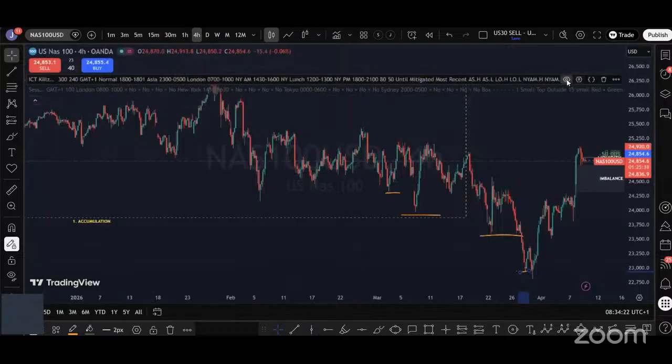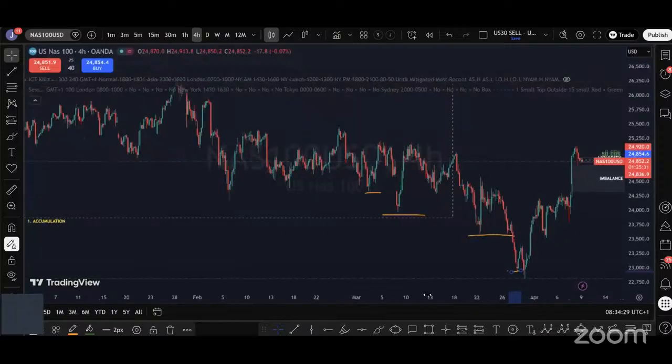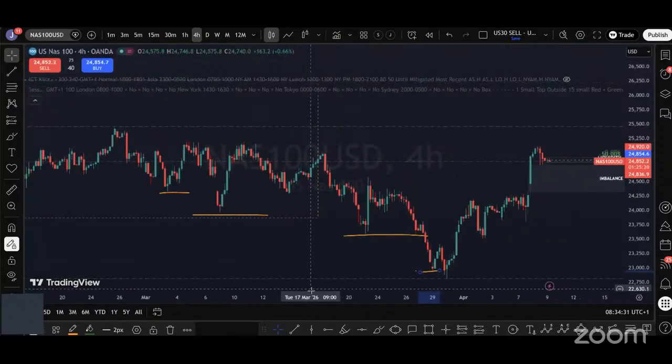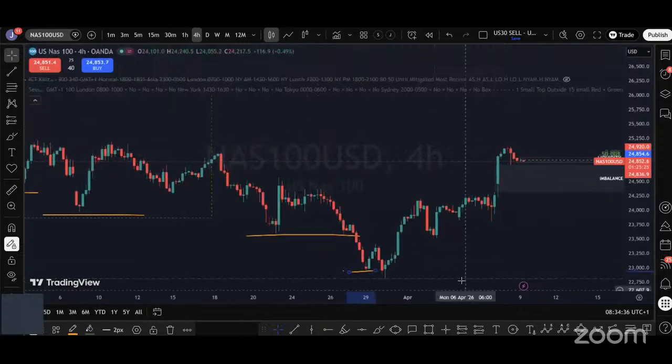Well, yes and no. Because how we're able to trade these markets also depends upon when we're at the charts and what kind of time frames we're looking at. Because of the time it is, we want to understand that there are certain sessions, and within those sessions there are certain characteristics.